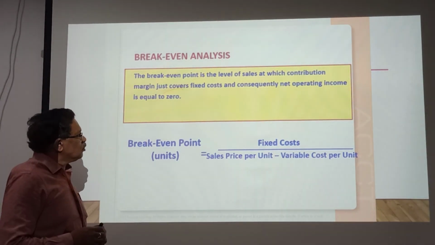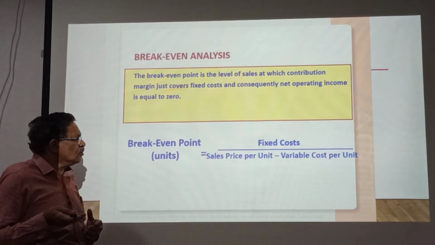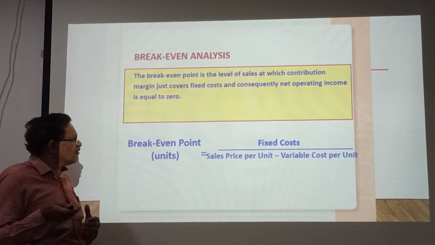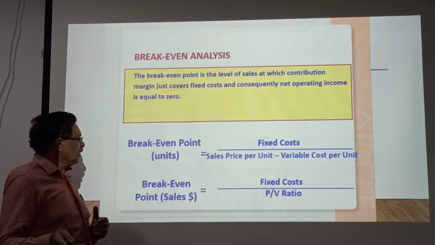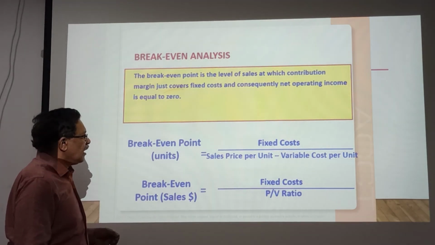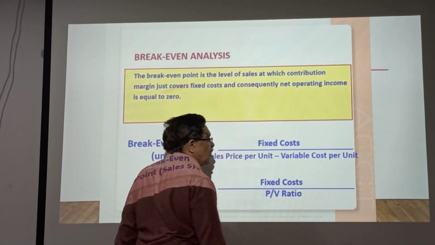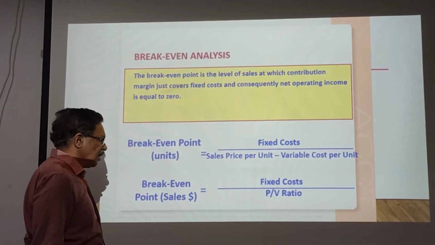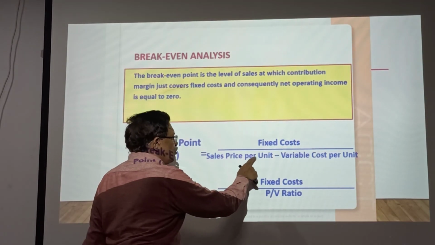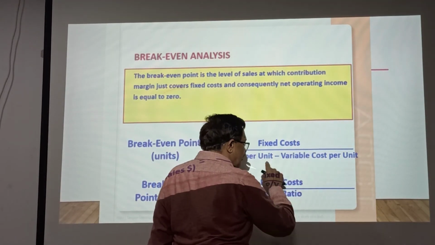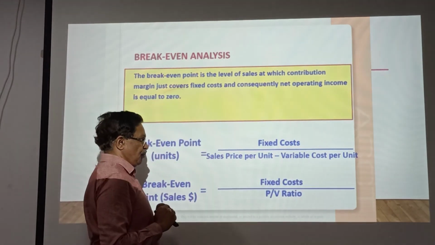Supposing that I want not the number of units, but the value of the break-even point, that is, the break-even sales in terms of sales value, then we are going to multiply this formula with sales per unit. Then, as we have already discussed, sales price per unit minus variable cost per unit divided by the sales per unit is nothing but the PV ratio.